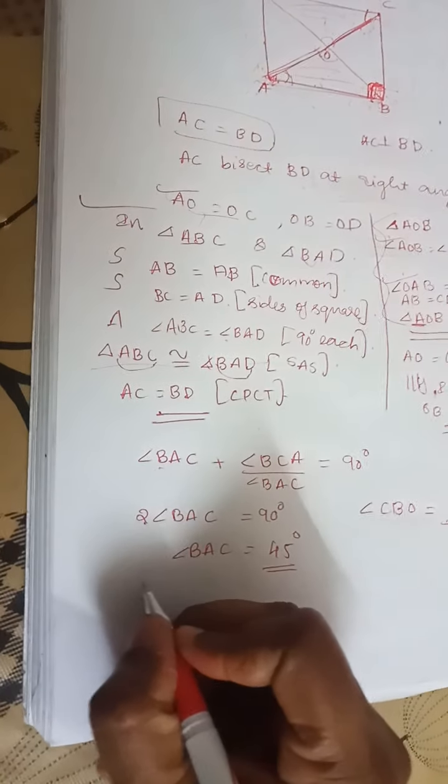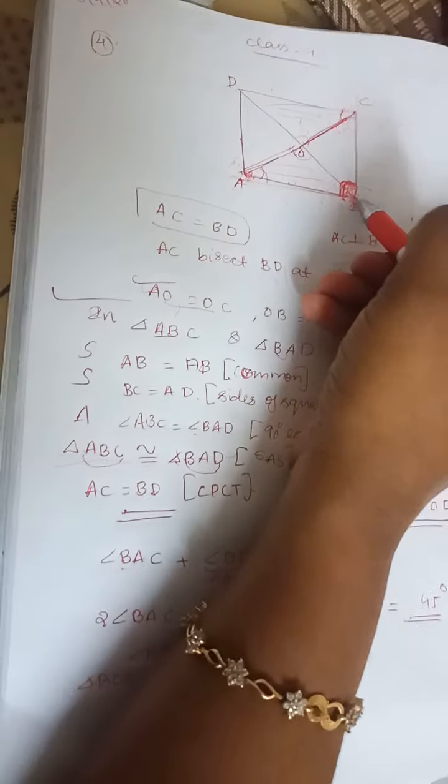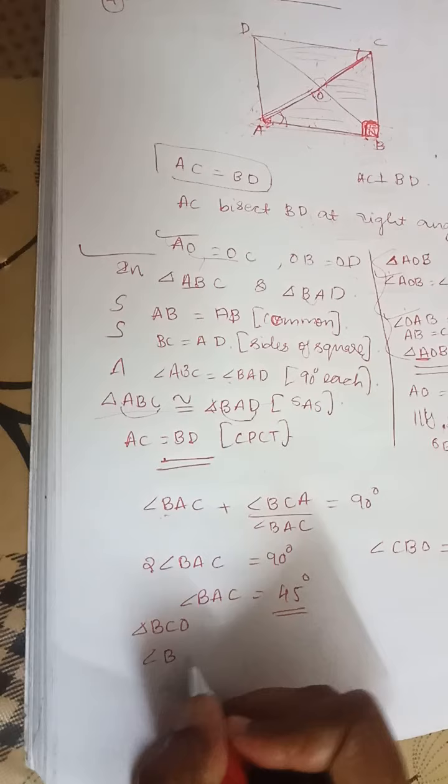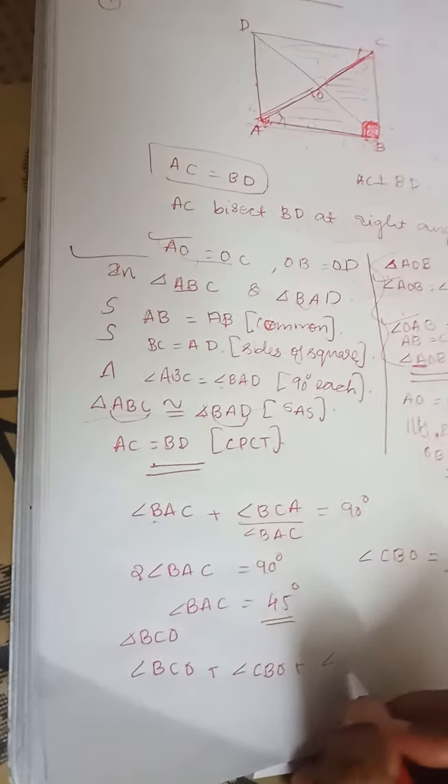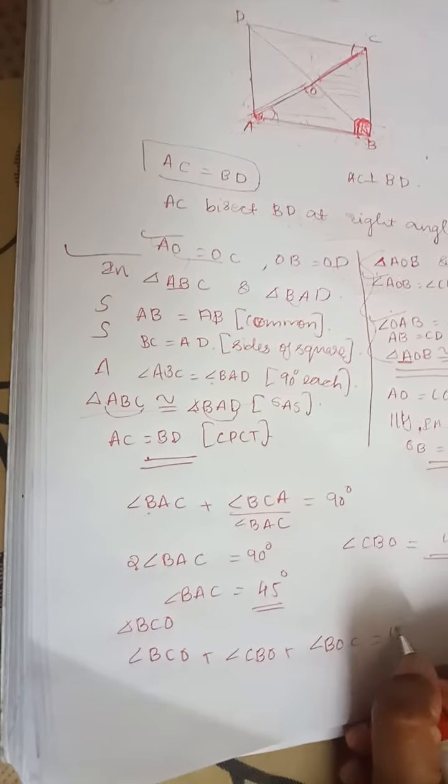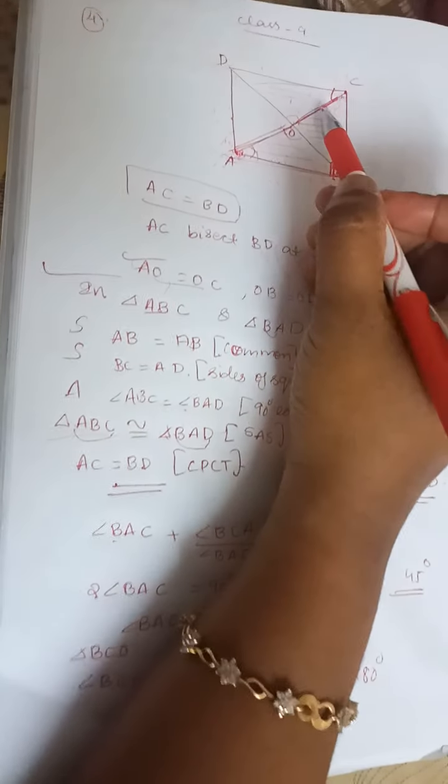Okay, next I am taking the triangle BCO. In triangle BCO, we can write angle BCO plus angle CBO plus angle BOC is equal to 180 degree. I am taking angle sum property of this triangle.